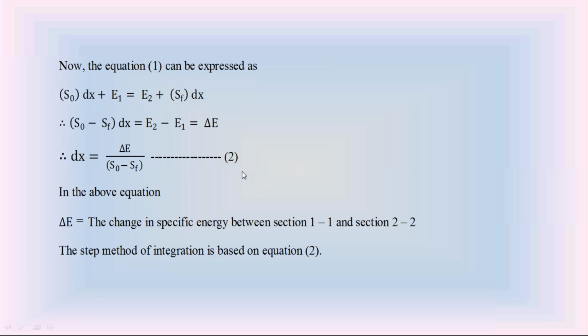We call this equation 2 the integration of the dynamic equation of gradually varied flow in the open channel in the single step method, or the step method of integration.